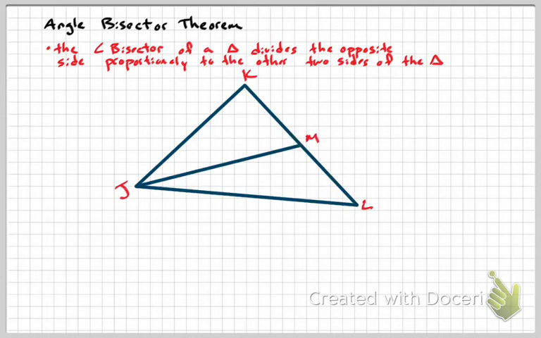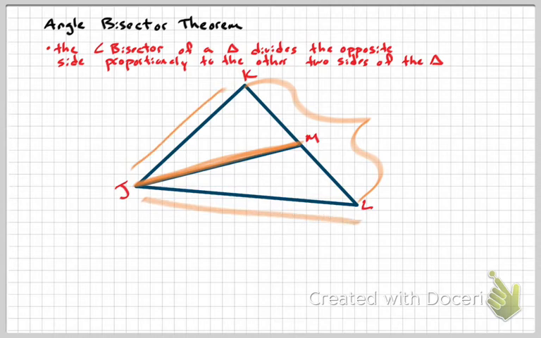So here's what I mean by that. This is your angle bisector right here, okay? That angle bisector is dividing this side proportionally to this side and to this side.